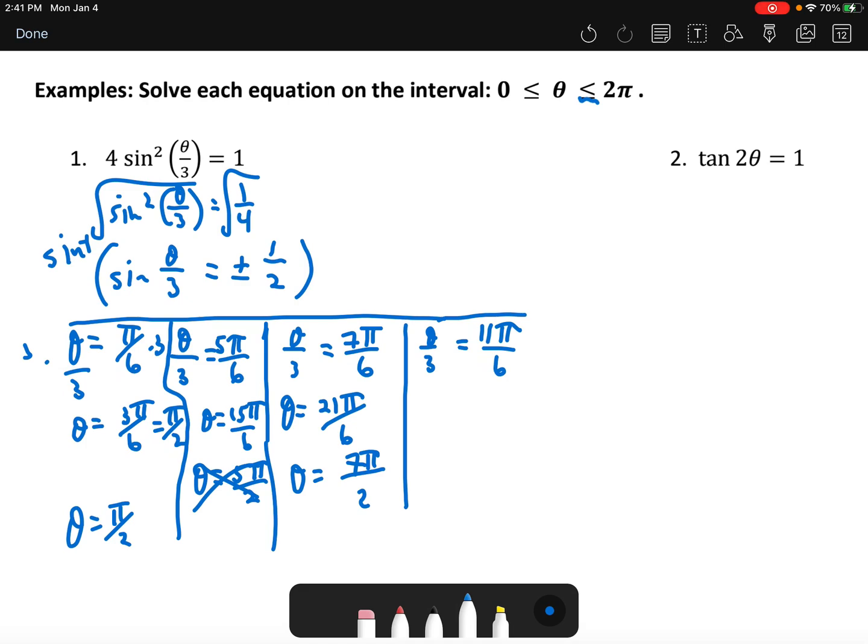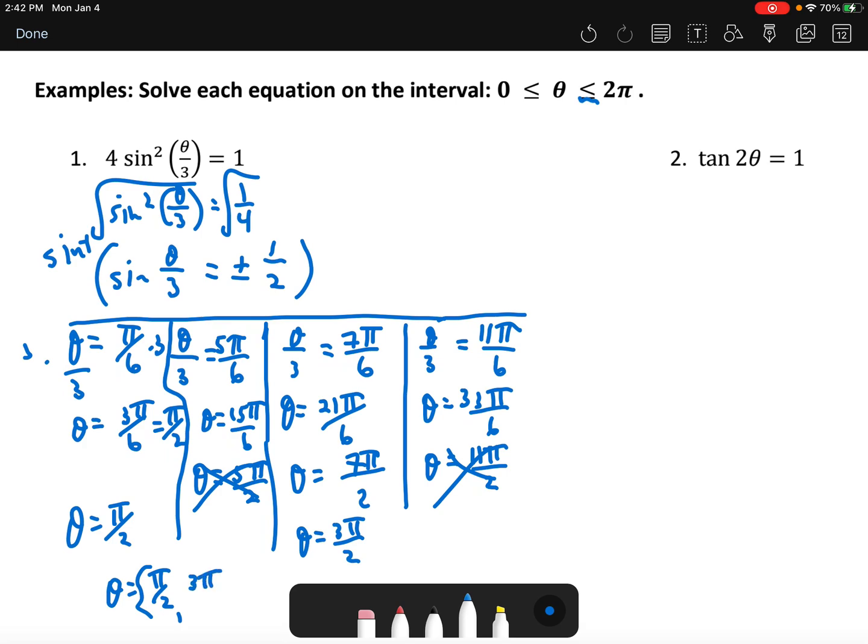Well, where is 7 pi over 2, since that's outside of our domain? 7 pi over 2, let's see, that's 3 pi over 2, isn't it? If we go around the circle. So 3 pi over 2 is going to be an answer. Theta equals 33 pi over 6. So let's see if that's right. That'd be 11 pi over 2. So 11 pi over 2, let's see, 4, 8, it'd be 3 pi over 2 again, so that's redundant. So our 2 answers are pi over 2 and 3 pi over 2.